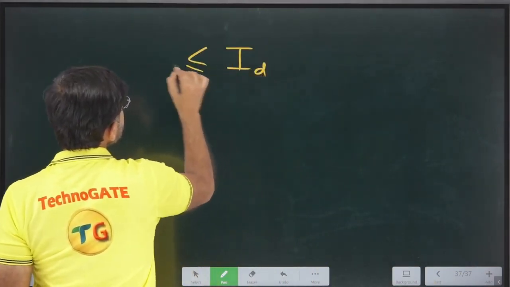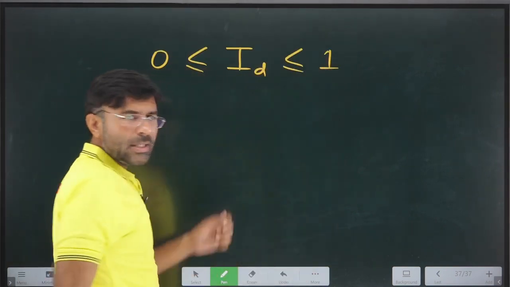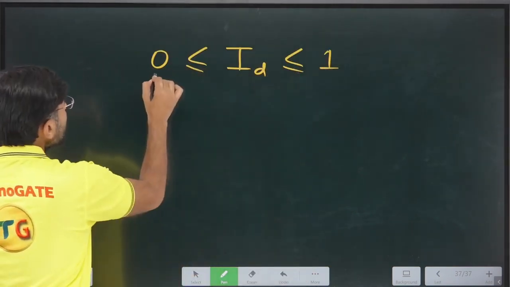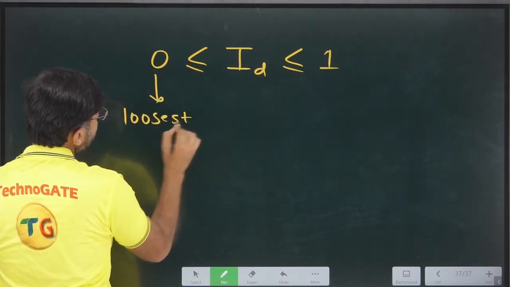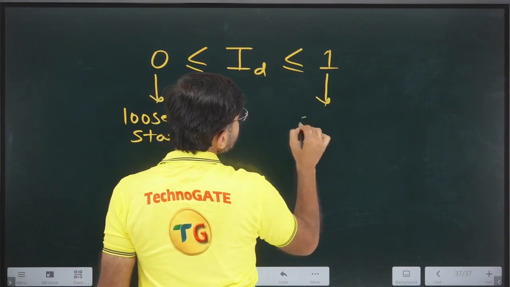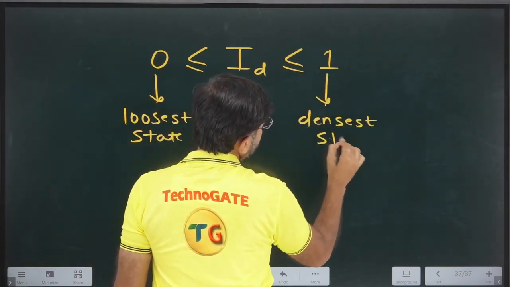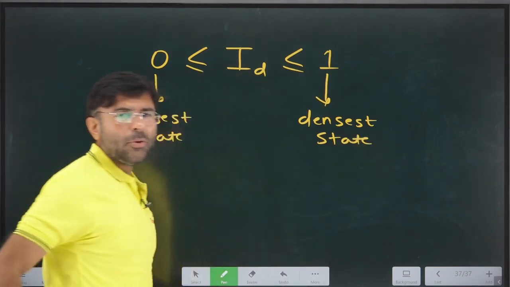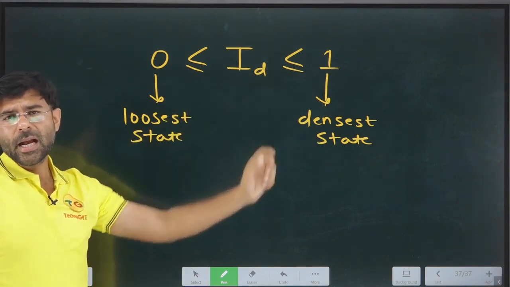It will be between 0 to 1, or in percentage it will be between 0 to 100. 0 means loosest state, 1 means densest state. Any value between 0 to 1 will be an intermediate value between the loosest and densest condition of the soil.